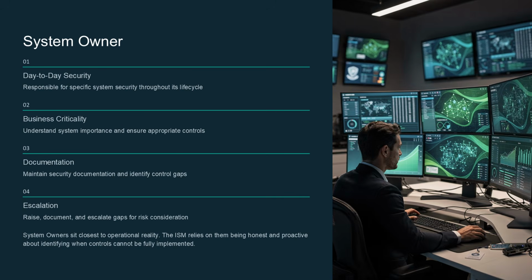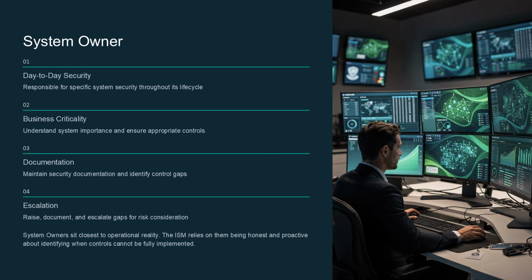At the operational level, one of the most important roles is the system owner. If you are a system owner, you are responsible for the day-to-day security of a specific system throughout its lifecycle. This includes understanding the system's business criticality, ensuring appropriate controls are implemented, and maintaining security documentation.